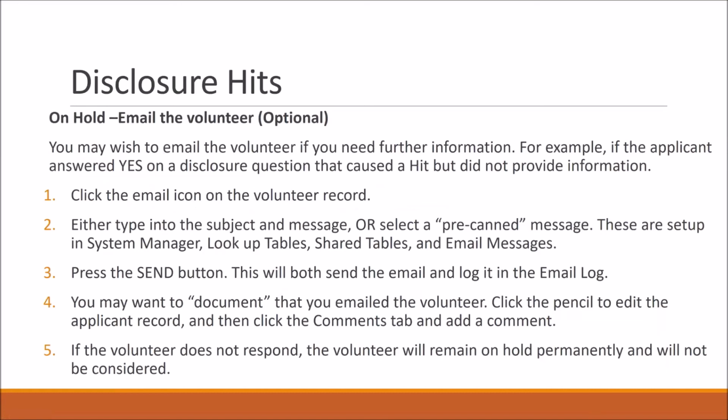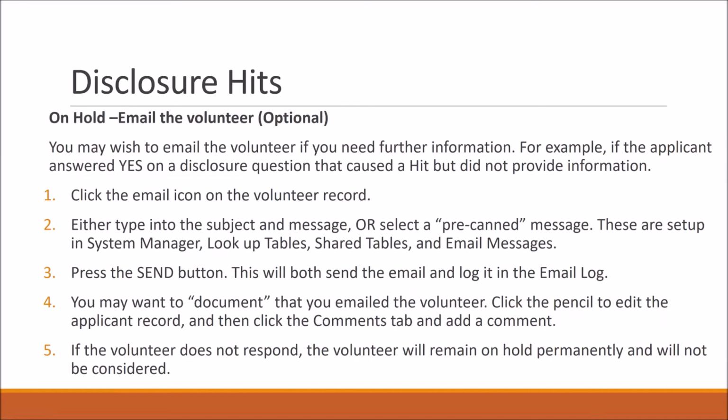The applicant said yes on something, but they didn't provide you any information, so you don't really know much. It's totally appropriate to email that volunteer and ask for a little more information. And some people will have pre-canned email messages to kind of help them along the way.